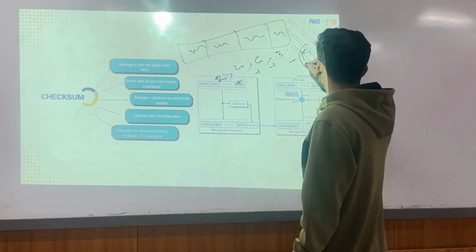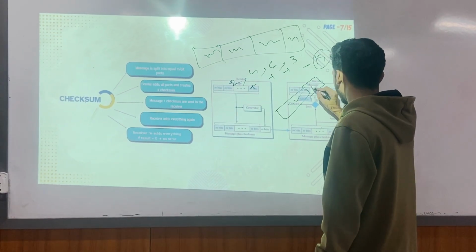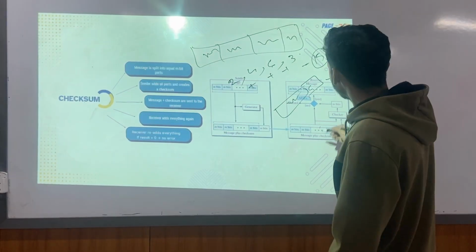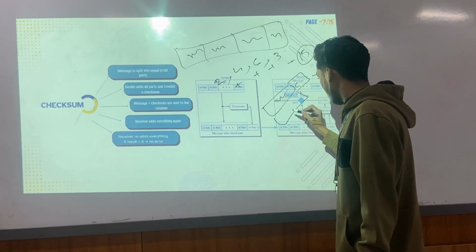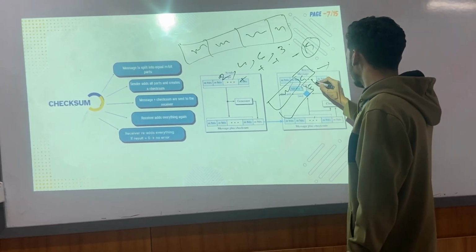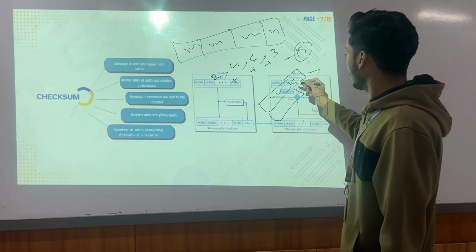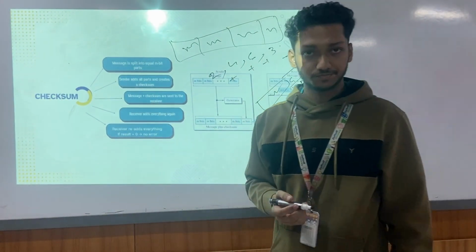If this checksum is added to the existing m bits and sent to the receiver, the receiver adds all the m bits and matches the result to the checksum. If the checksum at the receiver end matches the sender end, then the message has no error.